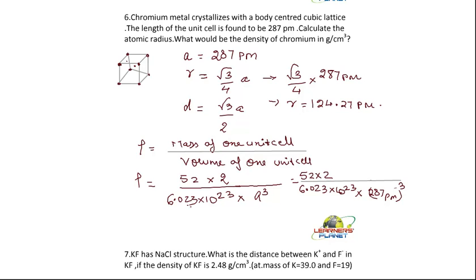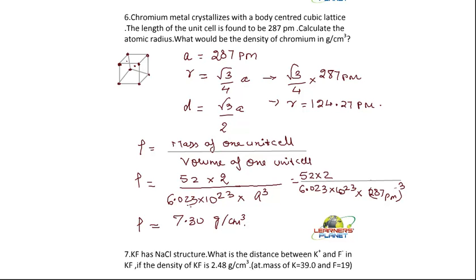Now you need to convert this picometer into centimeters, right? So after calculation you'll get the density as 7.30 gram per centimeter cube. You can calculate this, right?